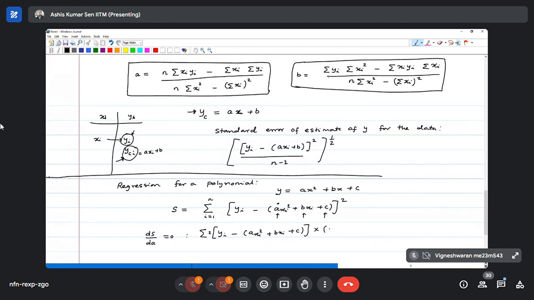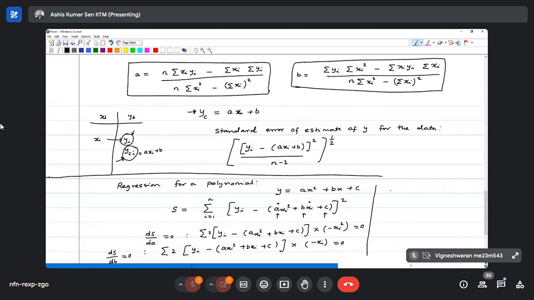That will be minus xi square, equal to 0. Similarly, when you find ds over dB equal to 0, you will get sum 2 into yi minus axi square plus bxi plus c, into only this term is going to stay, right? That is minus xi, equal to 0.